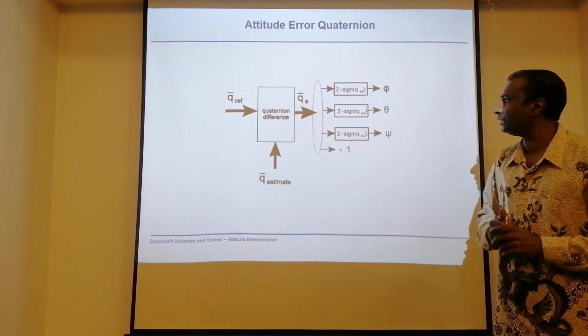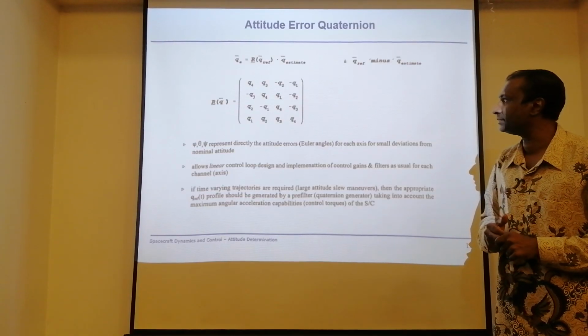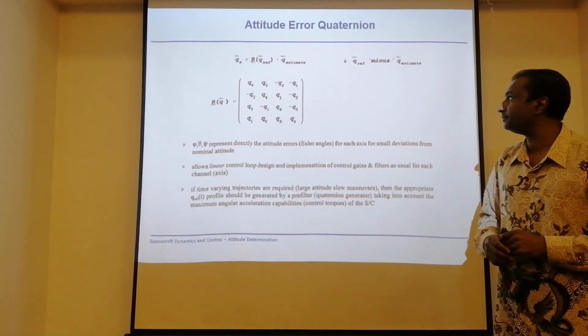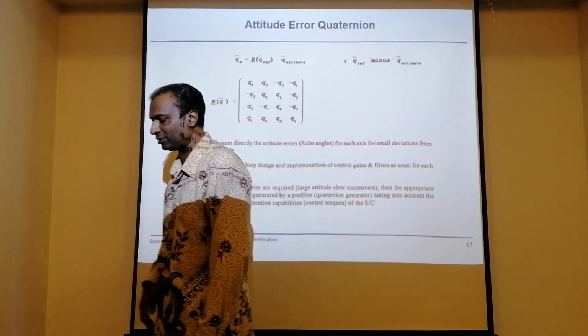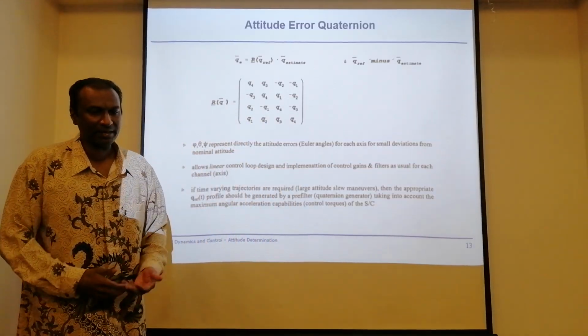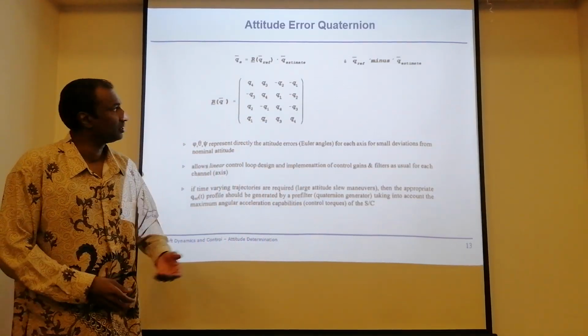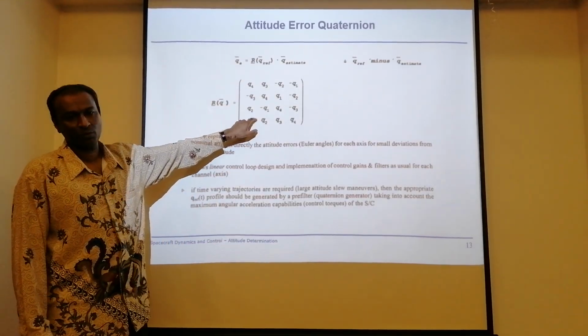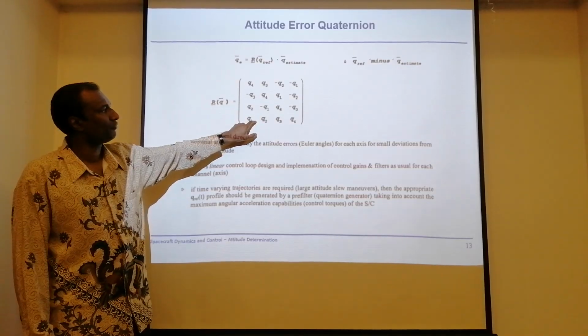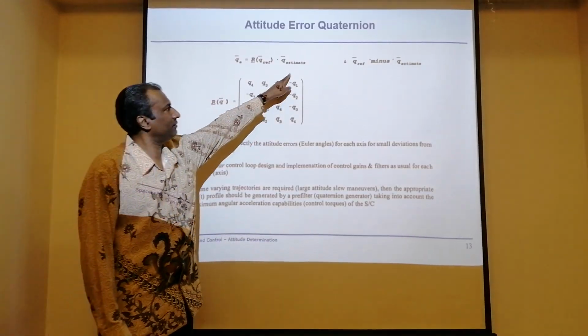We will see the last slides. Again, what I'm doing is the attitude error, and in kinematics we say how to calculate the deviation. I have a quaternion rotation matrix, 4 by 4. Then I have the estimate.